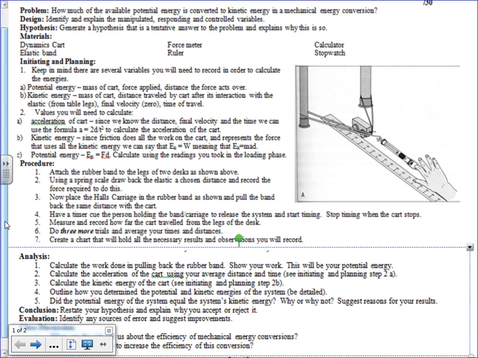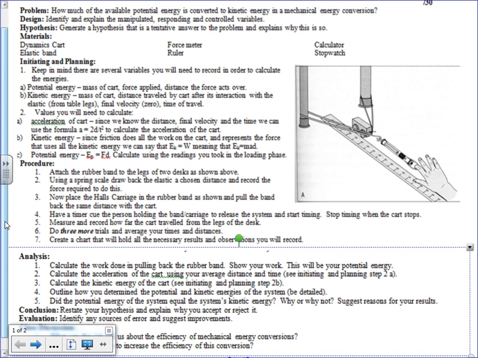So what we have to do instead is use the distance traveled by the cart to figure out what its initial velocity would be. The formula is outlined for you in step 2A in the initiating and planning section. I'll go over it in a minute. It'll help us determine the initial velocity of the cart.